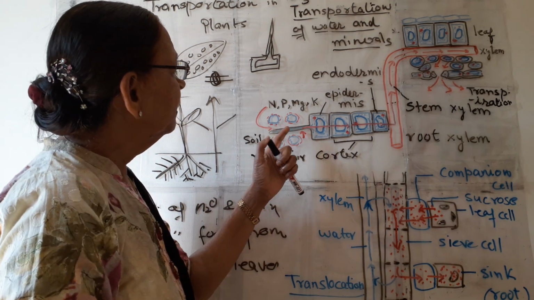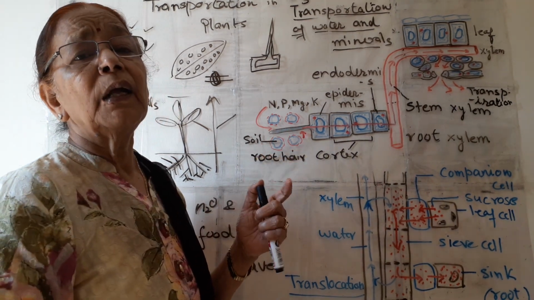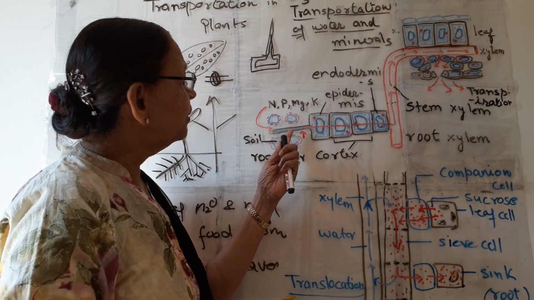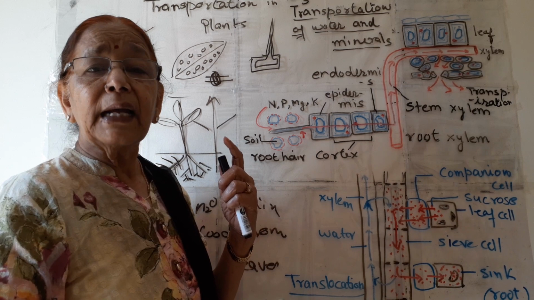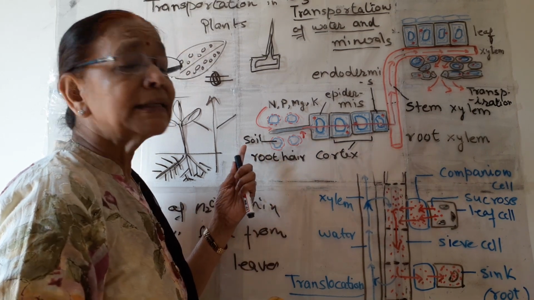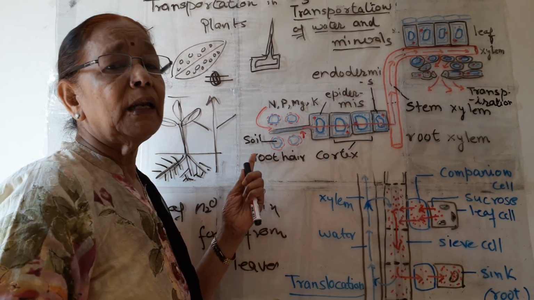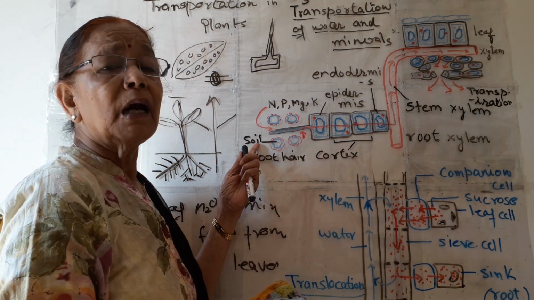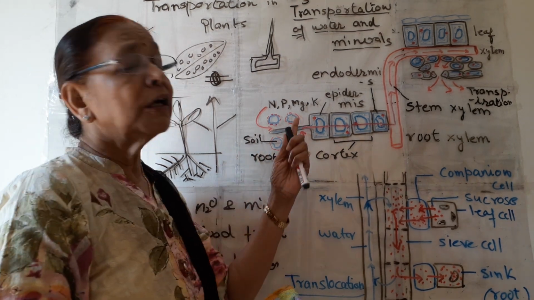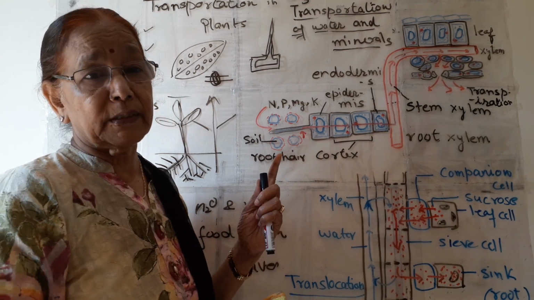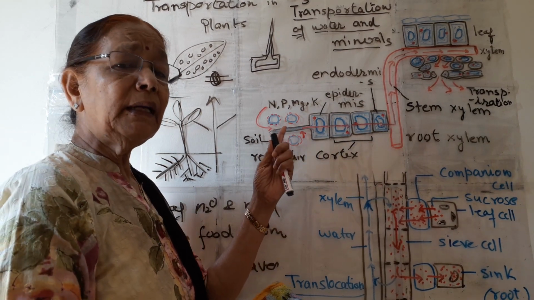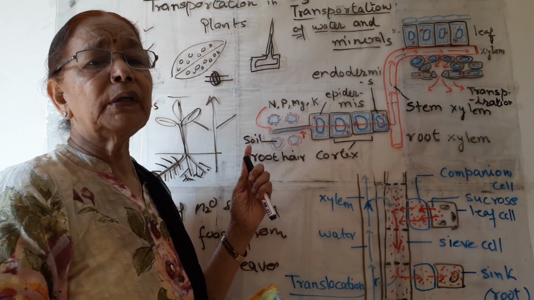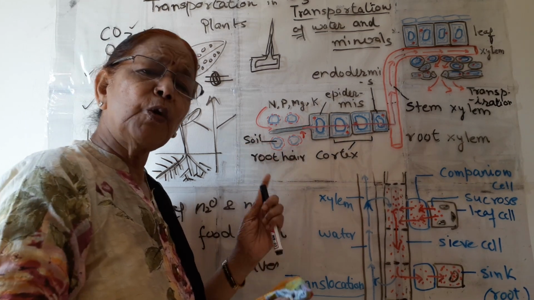Now what happened inside the root hair? Now there are more ions, so the concentration is more inside the cell and less outside the cell. So by simple osmosis, water present outside the cell diffuses in, because the concentration gradient is more inside and less outside, and water is more outside.